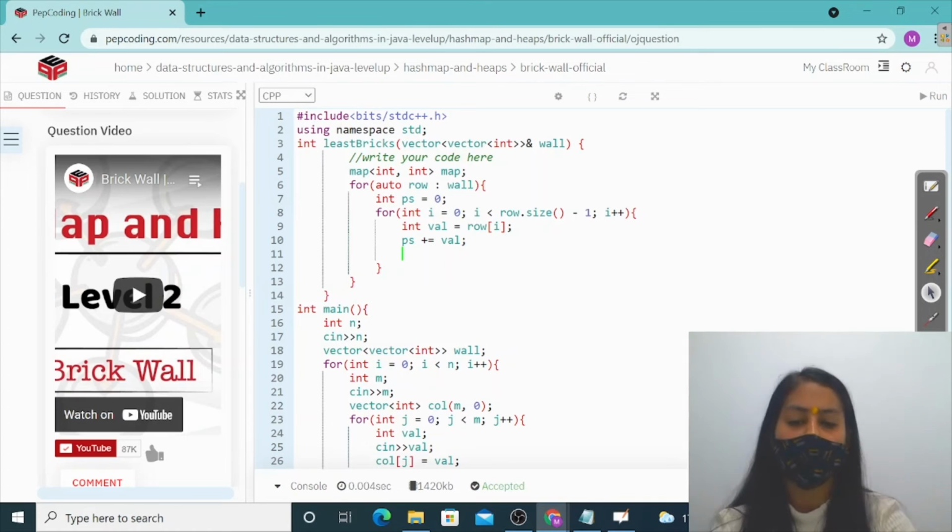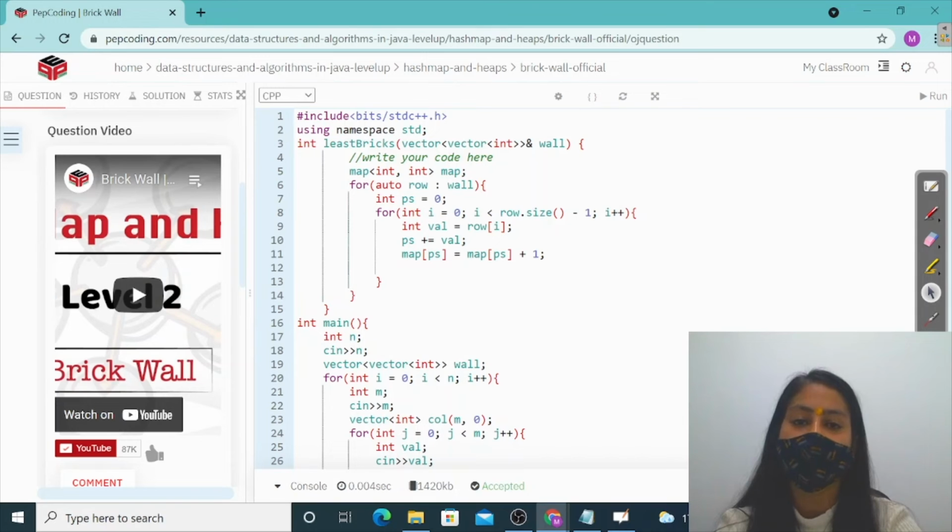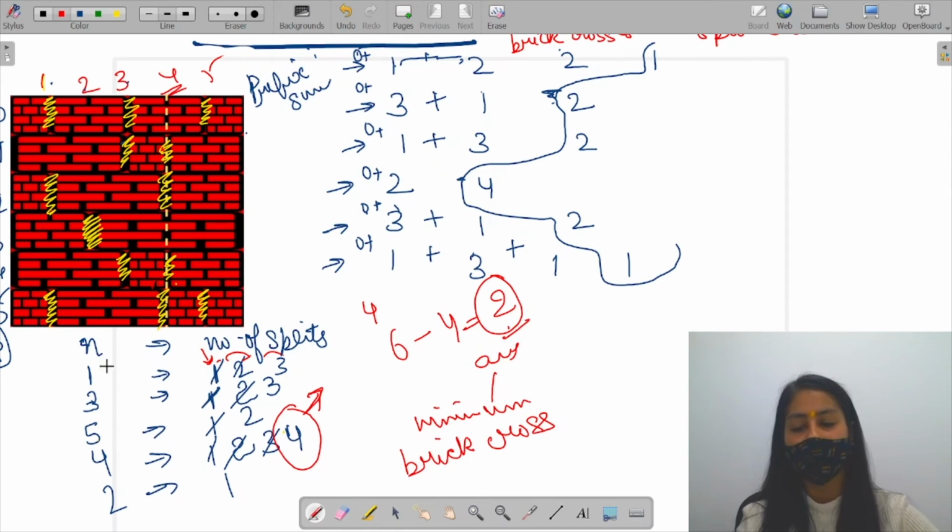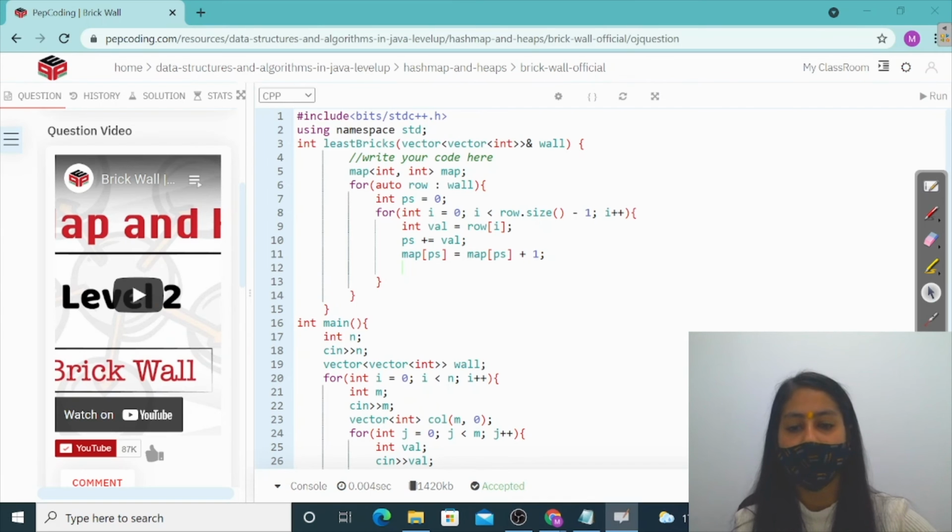So by default the value in the map is 0. So map of prefix sum will become map of prefix sum plus 1, right? So if it is not already present, it will add that key prefix sum and by default set its value to 0 and add 1 to it, that will be set to 1 then, right?